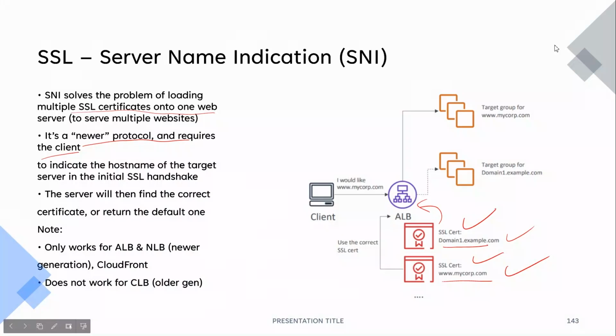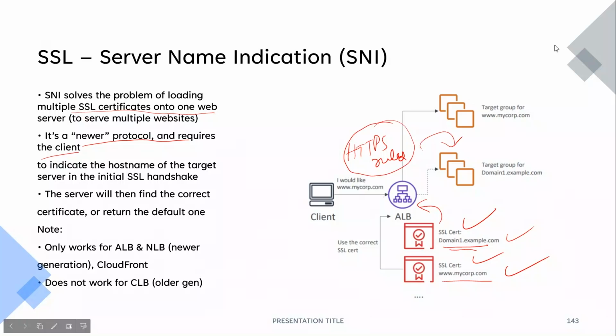After this particular SSL certificate has been loaded, based on the HTTPS rules that you have defined, it will redirect that particular traffic to that particular target group. So for example, domain1.example.com, this particular domain is identified by SNI, right? Now that particular SSL certificate will be loaded into the ALB. In the HTTPS rules, you have said that, okay, for this particular domain, redirect to this particular target group, right?